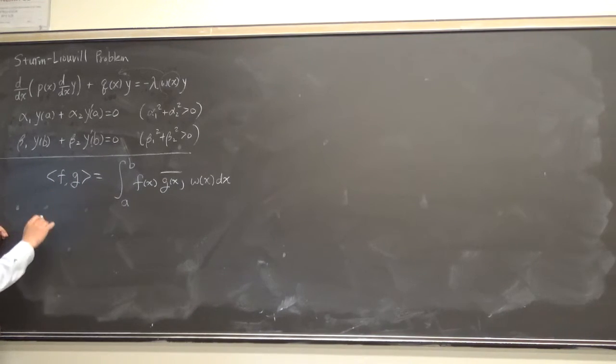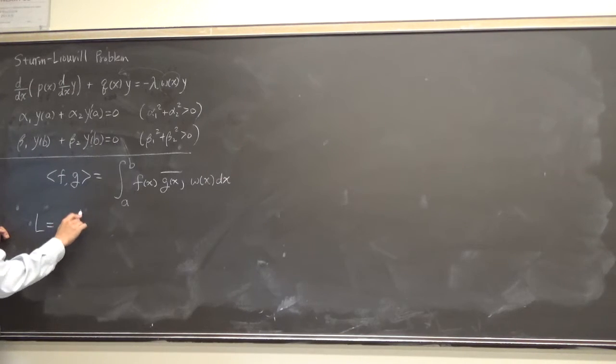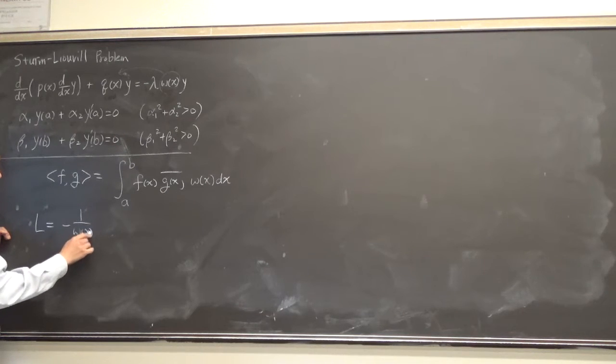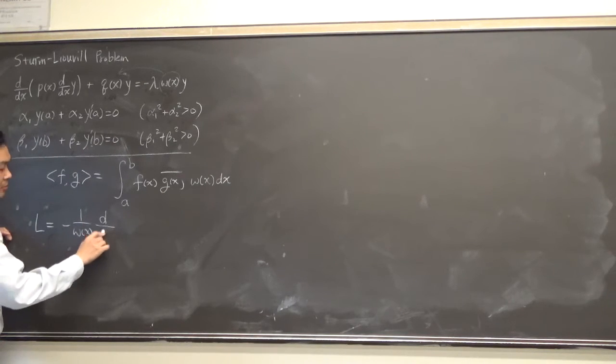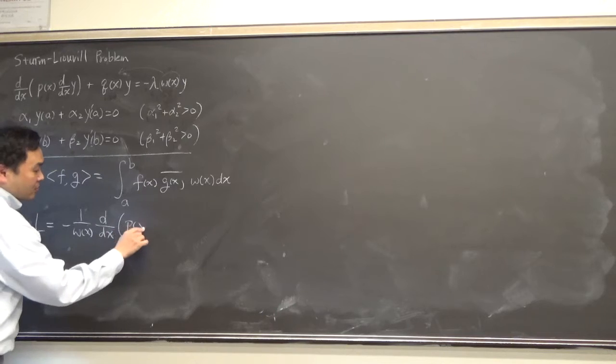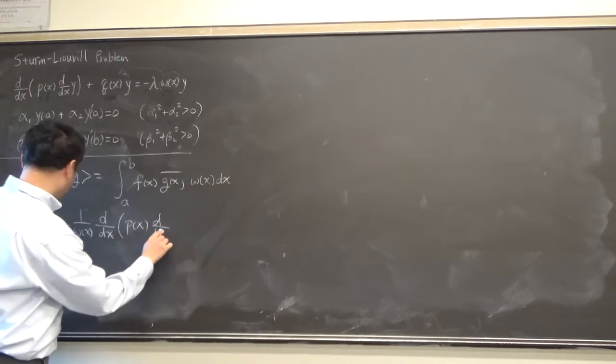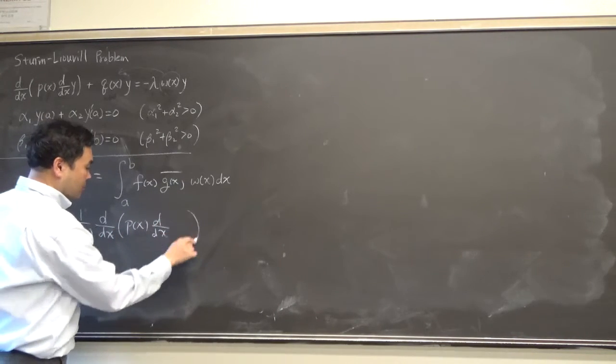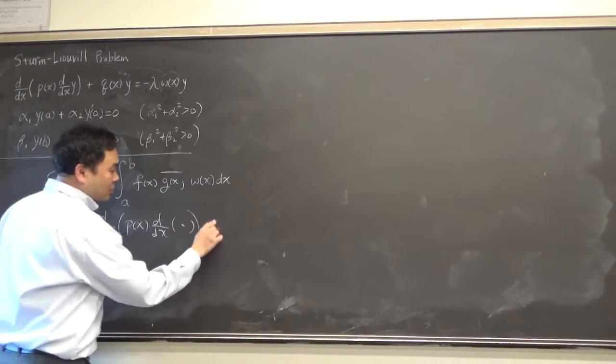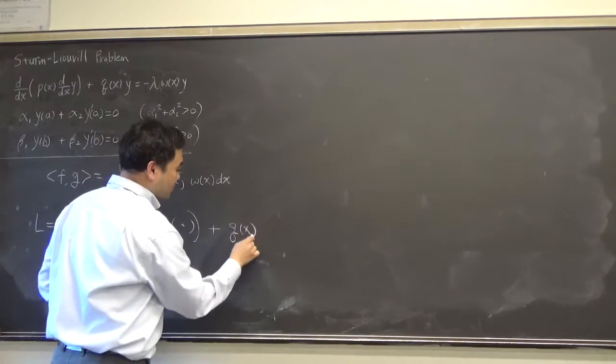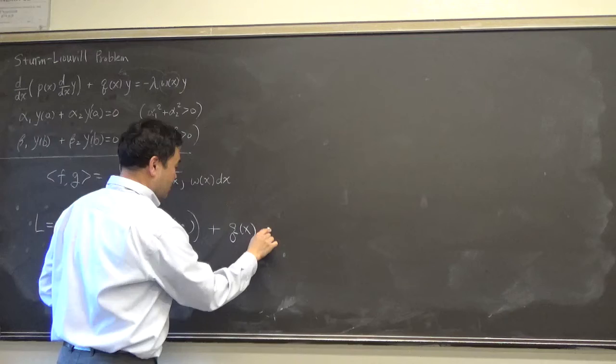And for this weight function, the L operator, what is that? Negative 1 over w of x, d dx of p of x d dx of this thing here, plus q of x times this thing.